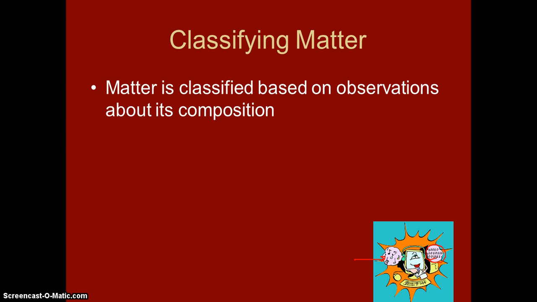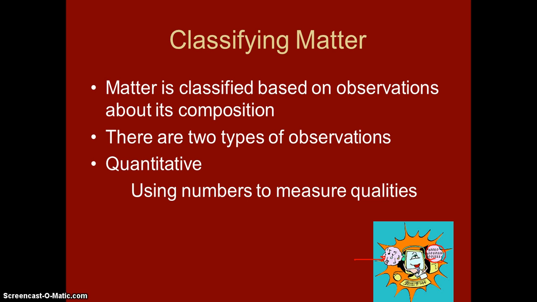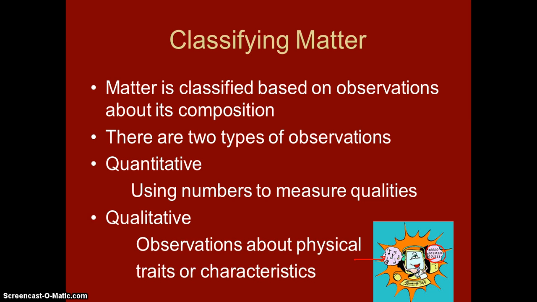Well, what are our observations again? Remember, there's 2 types. This hopefully is reviewed from scientific method. There are quantitative observations, which use numbers to measure qualities, and then there are qualitative observations, which are just things about the traits or characteristics.